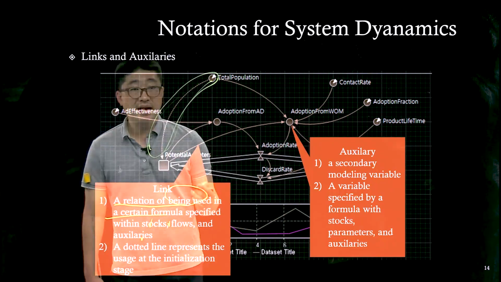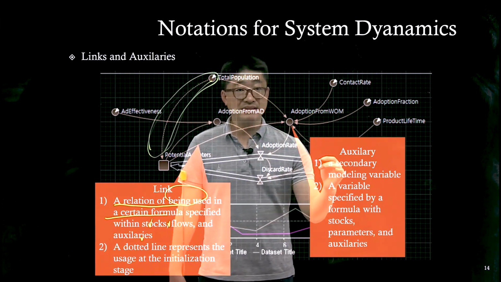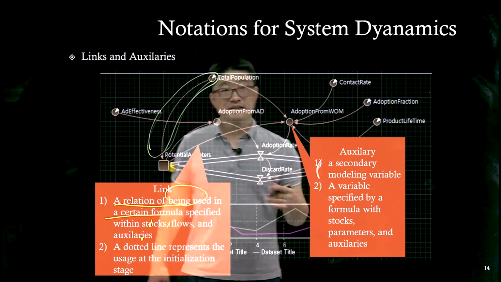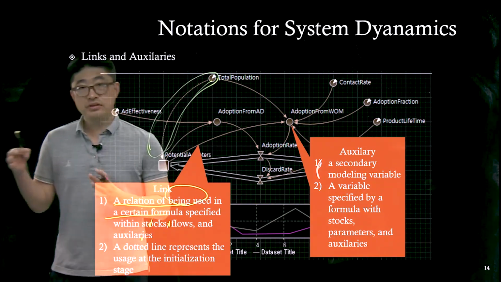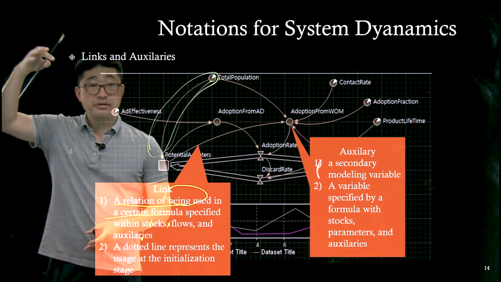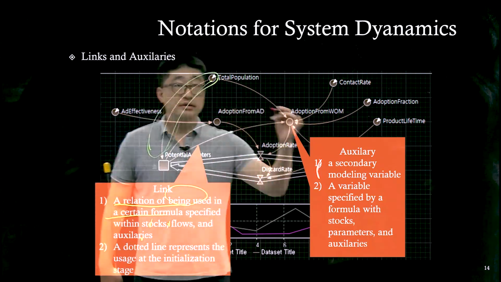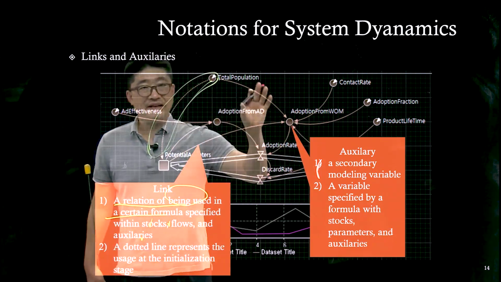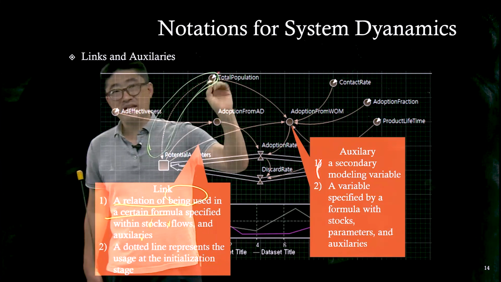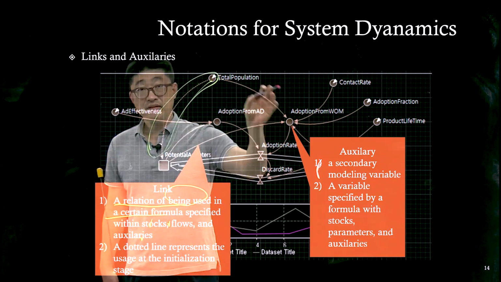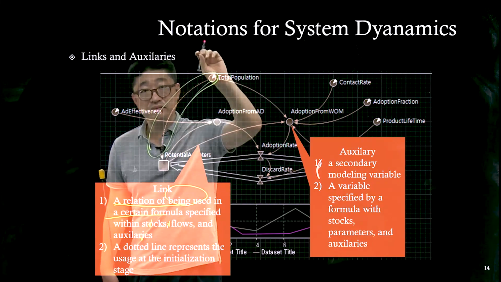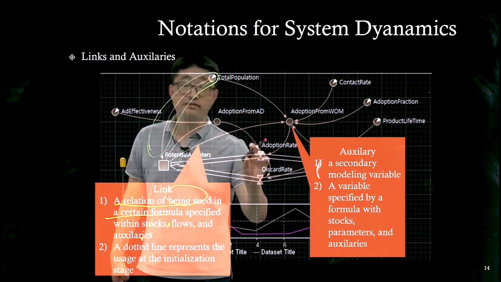And here we have auxiliaries. An auxiliary is a secondary modeling variable. Secondary means that it is derived from stocks or parameters. We can even model a system dynamics model without auxiliaries, by linking directly from parameters, stocks, and flows.